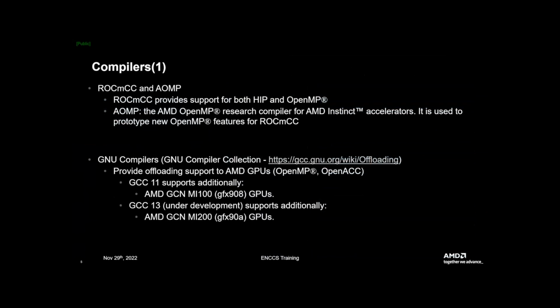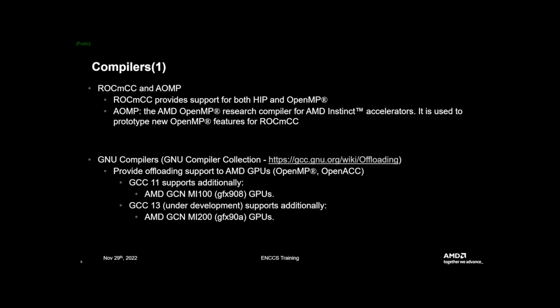First, we have the ROCm compiler collection, that is ROCm-CC and AOMP. ROCm-CC provides support for both HIP and OpenMP. AOMP is a compiler developed by the research group in AMD for AMD accelerators, and it is used to prototype new OpenMP features for ROCm-CC.